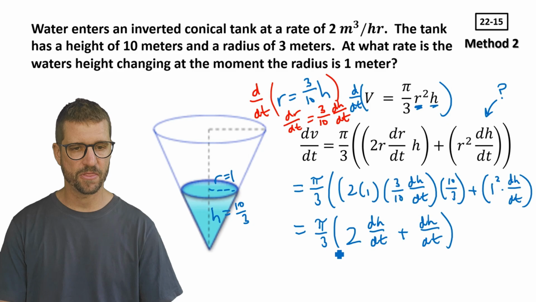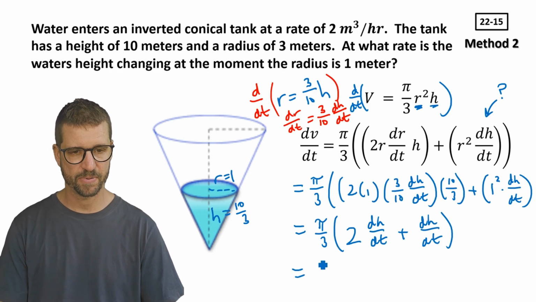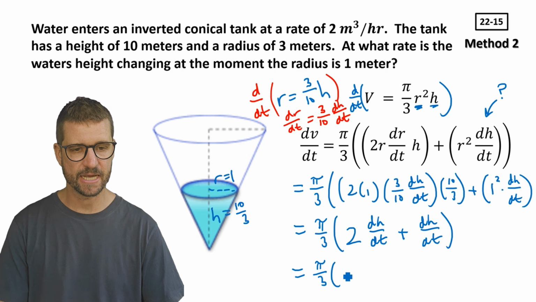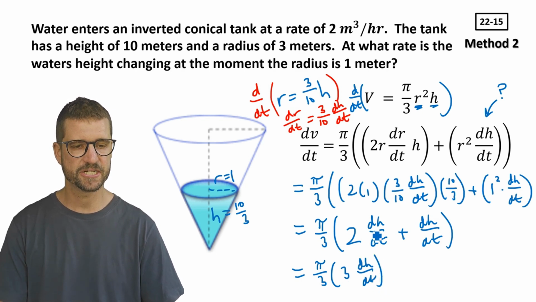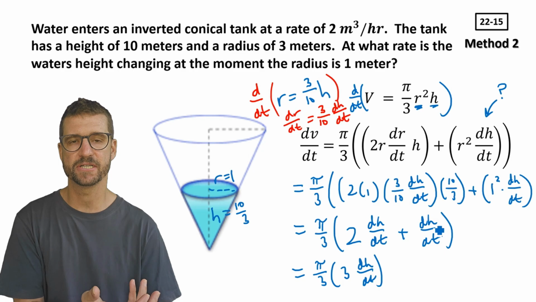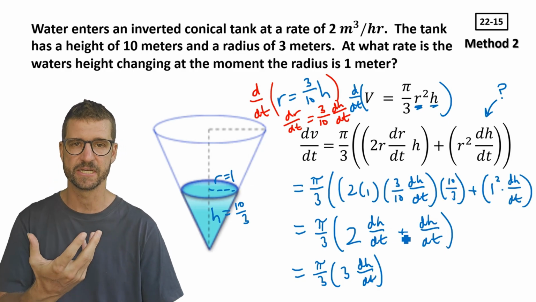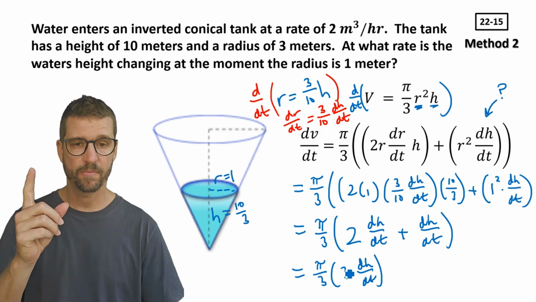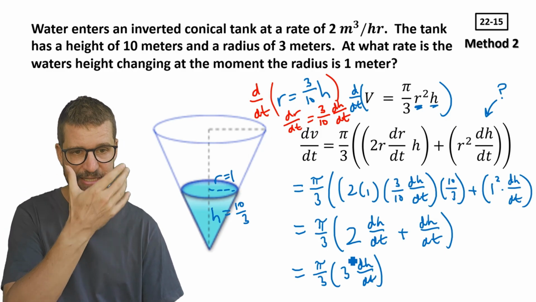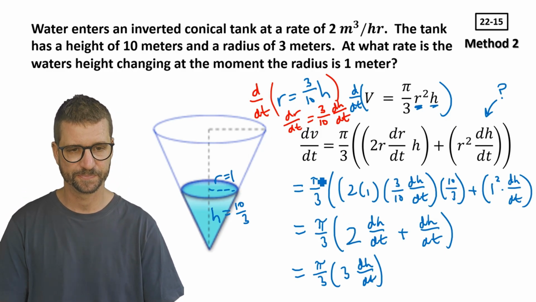And then this is going to be pi over 3 times 3 dh/dt, right? Because 2 dh/dt's plus 1 more dh/dt would give us 3 dh/dt's, okay? The 3's cross out. Oh, by the way, I forgot to plug in for dV/dt. dV/dt is 2, right? So let me go ahead and plug in dV/dt.